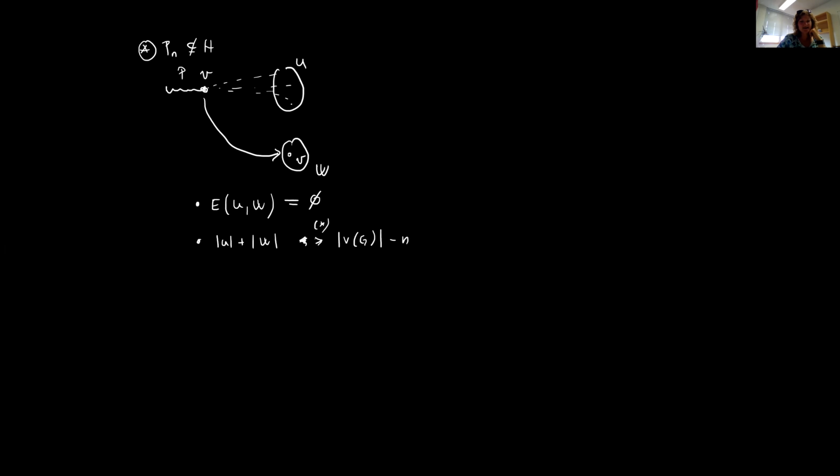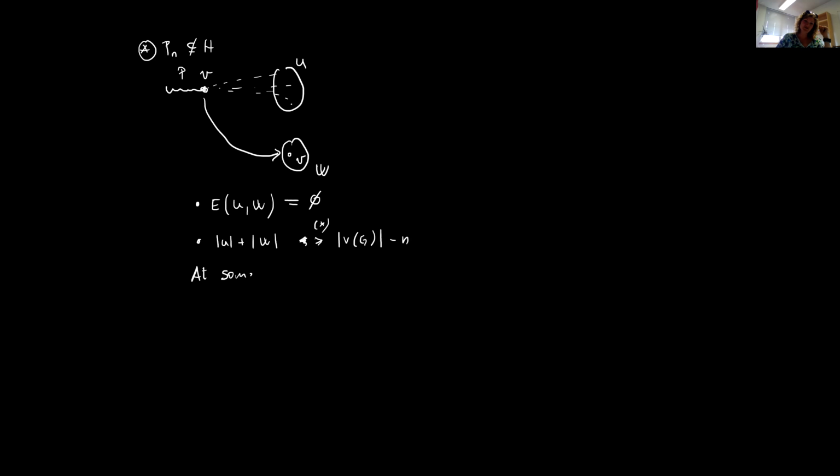Okay. And then at some point during the algorithm, because what we're doing is we're emptying U and we're increasing W throughout the algorithm. So we start with W empty and we keep filling it up. At some point these sizes will cross.